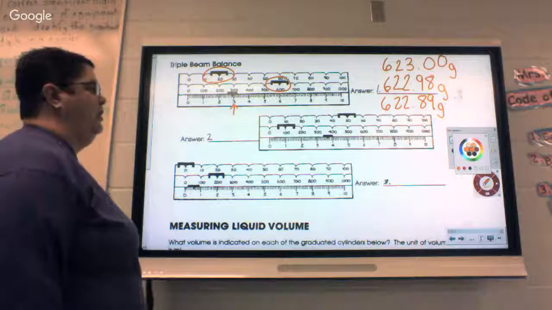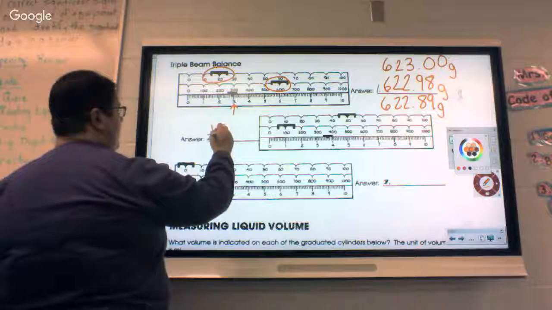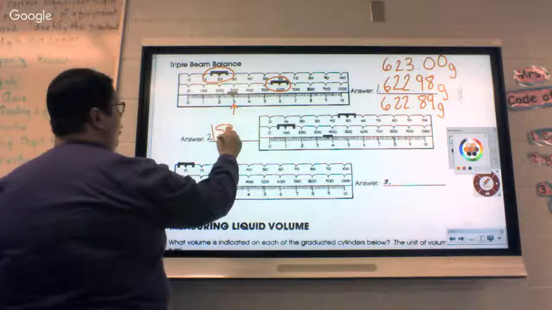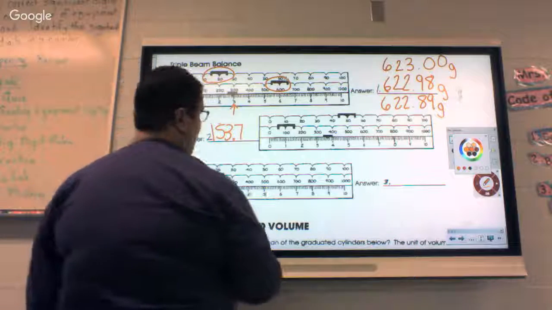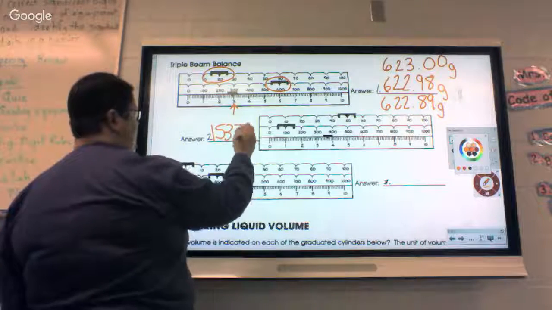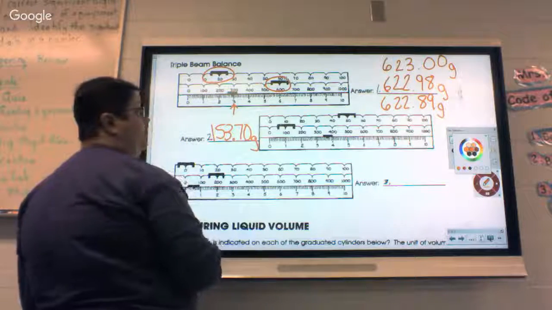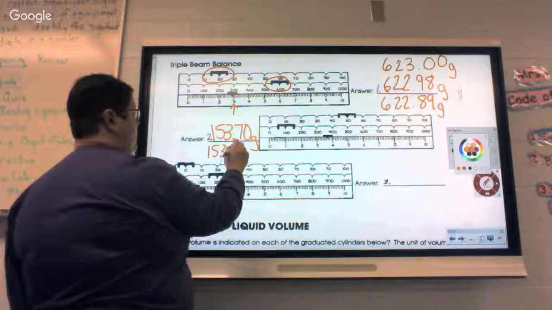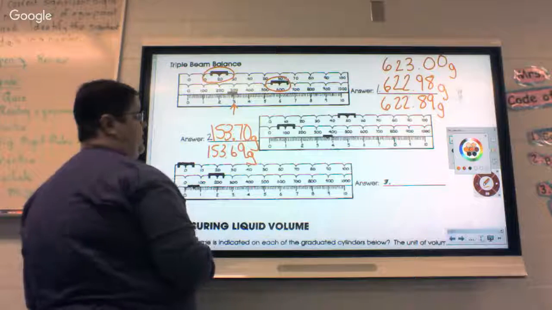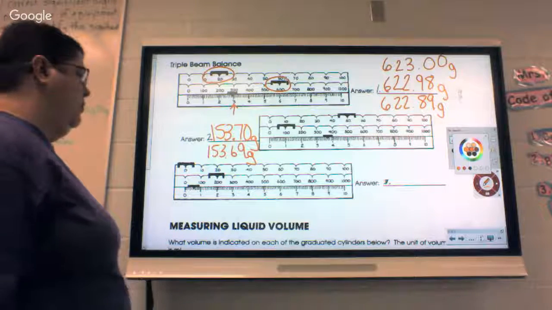All right, so number 2, what's the middle beam? Top beam? The bottom? Point? What's your guess? I think it looks pretty much on the line too. I would go with 0. Now, if you don't have it on the line, what's your guess? All right, 153.69 is good. I would be fine with that. Anybody have something different? 71 would be fine also. All right, number 3.